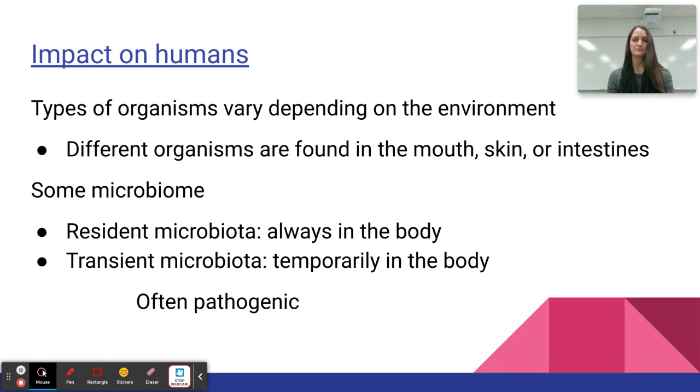And these organisms or bacteria that are found in the body often are referred to as microbiomes, and there are resident microbiota that always live in the body, and there's also transient microbiota which temporarily lives in the body, and that is a lot of what we have seen too. Those temporary ones are often pathogenic and can cause disease.